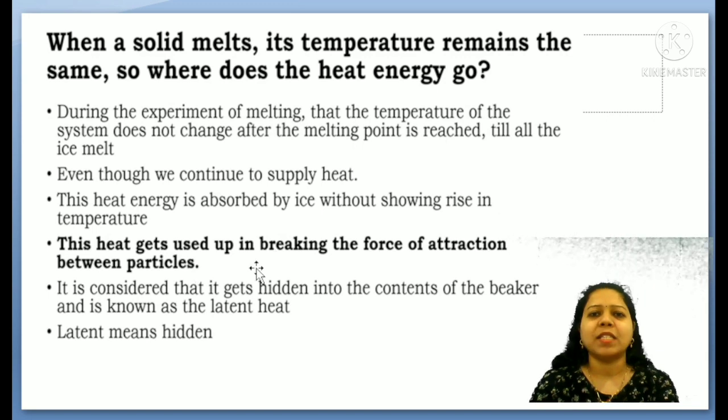Whatever extra amount of heat we are giving is used to break down the force of attraction between those particles, and that's why it turns from one state to another, and the temperature of the solid does not rise after its melting point. It is considered that the heat gets hidden into the contents of the beaker and is known as the latent heat.